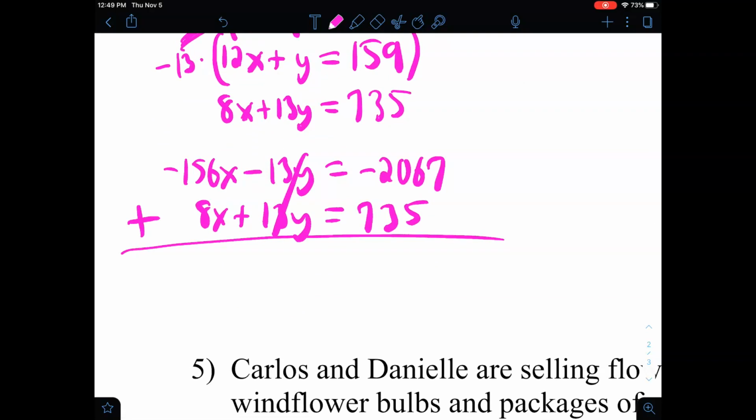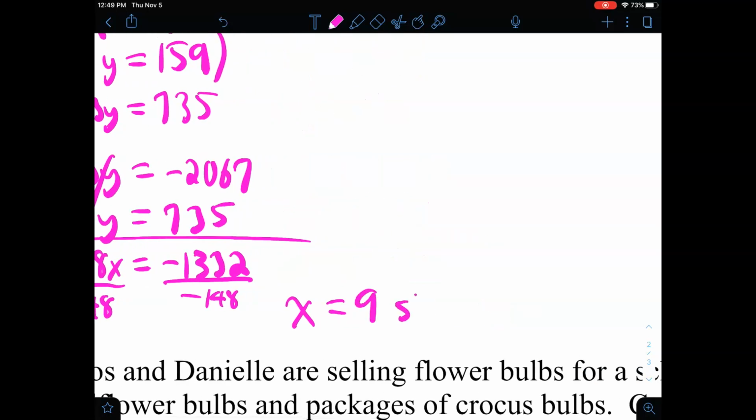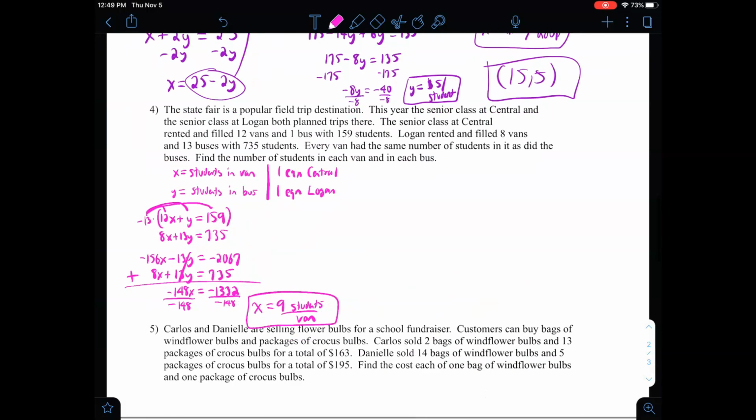We're going to add, and the y's are going to cancel. Negative 156 plus 8x is negative 148x equals, when you add that, you're going to get negative 1332. Divide by negative 148. And x is going to be equal to 9 students per van.